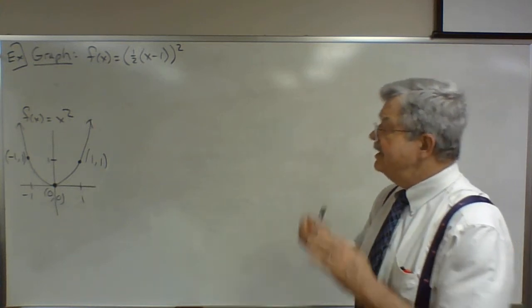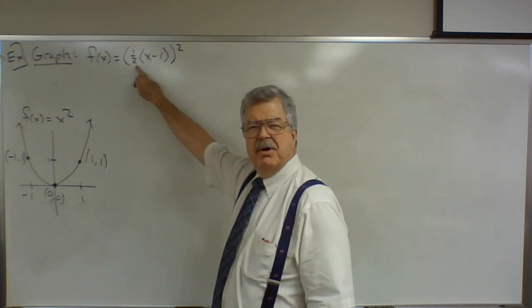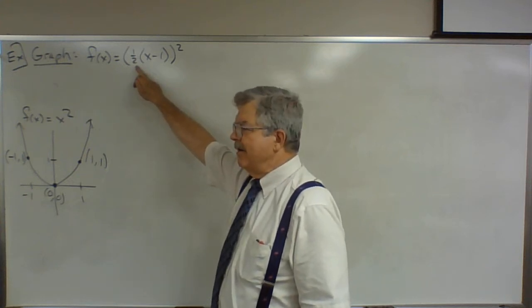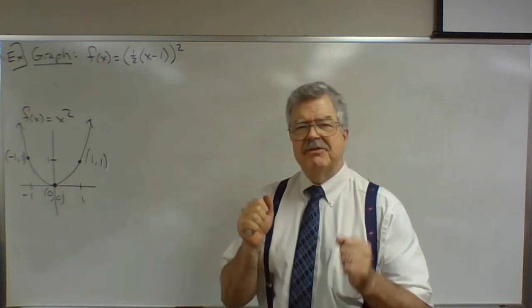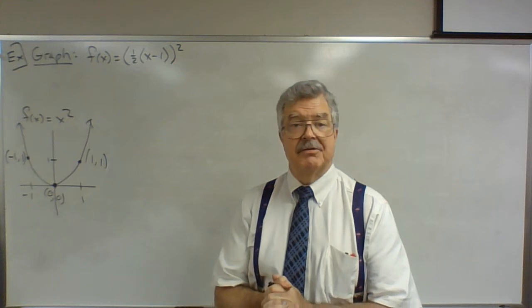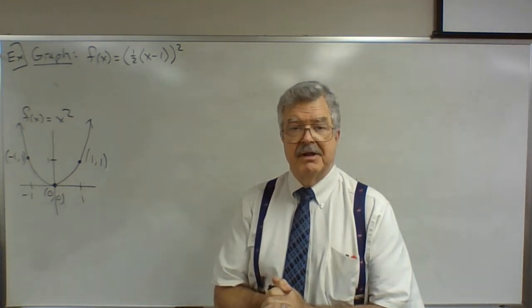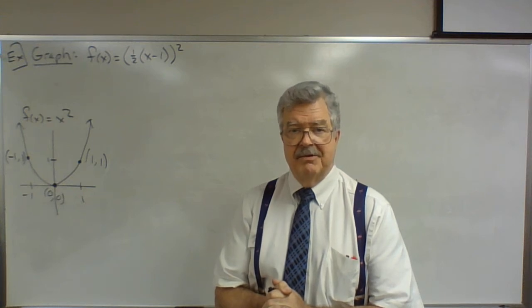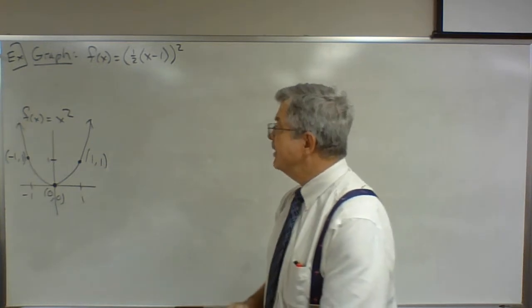And now the trick here, when we have both a horizontal stretching and a horizontal shift, essentially we handle this the same way that we handle a function that has a vertical stretching and a vertical shift. We do the stretching first.